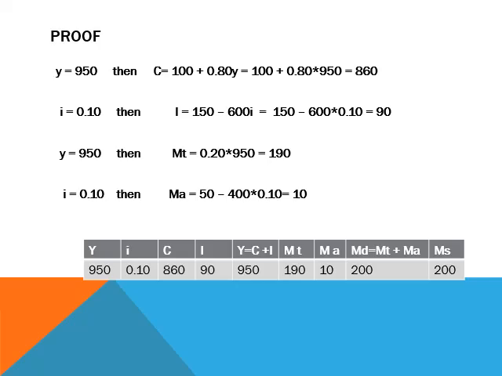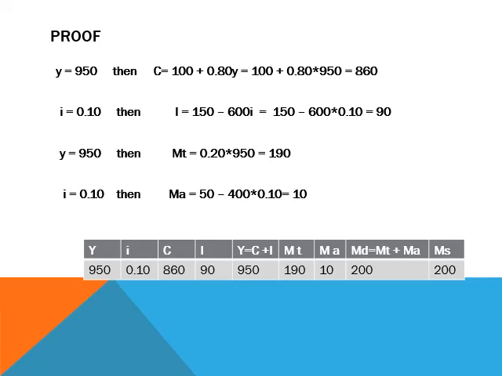Okay, i equals 0.10. I mean i small, the interest rate. I capital equals 150 minus 600 i. By substitution of the interest rate, 150 minus 600 times 0.10, which is 90.